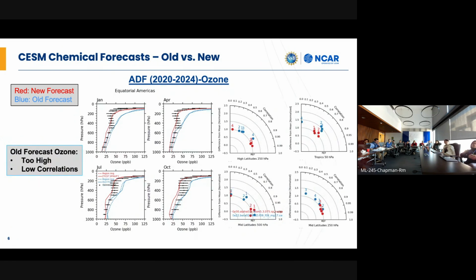Those left-hand panels, those black lines there, are actually compared with ozonesondes, so it's comparing with real data. And they fall a lot closer to those ozonesonde observations in the newer configuration than they do in our older one. And the same on the right panels. It shows a fair amount better.